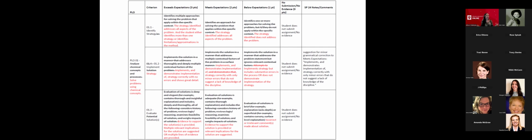Analyze chemical concepts and processes. What we really want students to do is solve problems using chemical concepts. So they ask if they can change it. I'm like, of course you can change it. Now, keep in mind, all changes made during a given academic year aren't put in place until the following academic year for record keeping and documentation purposes.